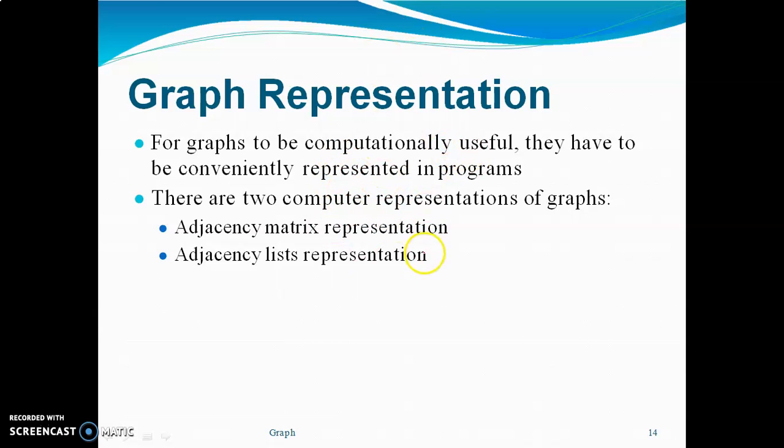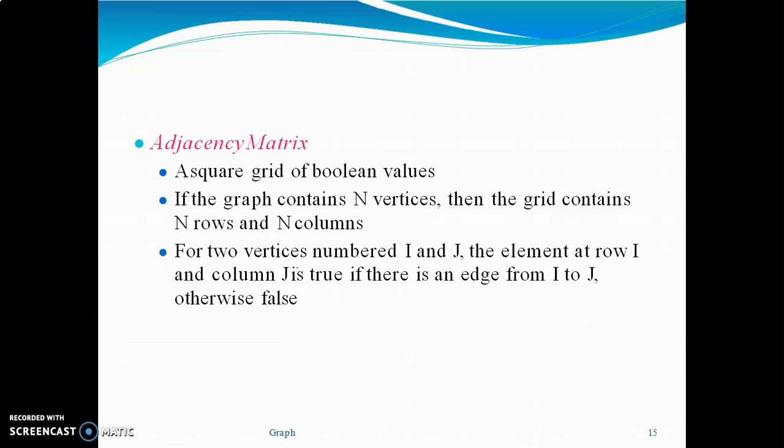One is in matrix form, for which we can use arrays, and the second is list representation, for which we can use linked lists.